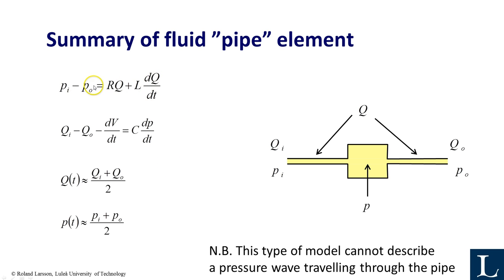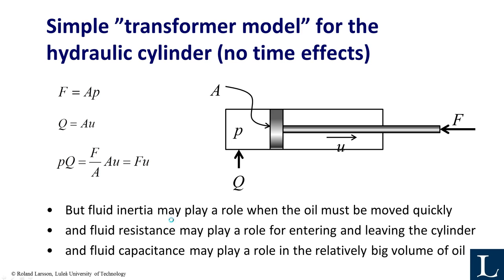In this equation I suggest that you simply use the average Q. That gives you a good measure of the Q. And you may also need to know the pressure. Should we use the pressure here or pressure there? You can use the average pressure if you need that too. So that's the fluid element.